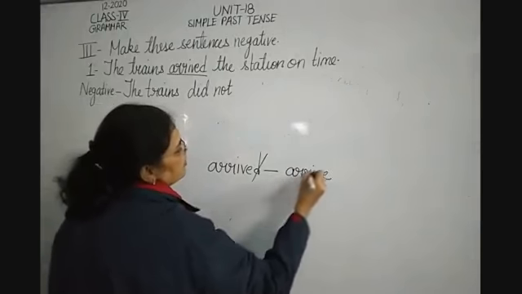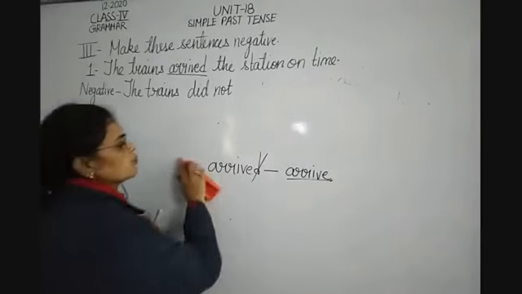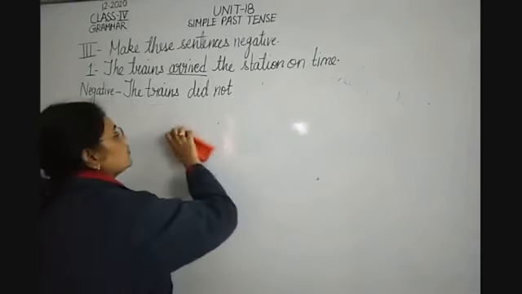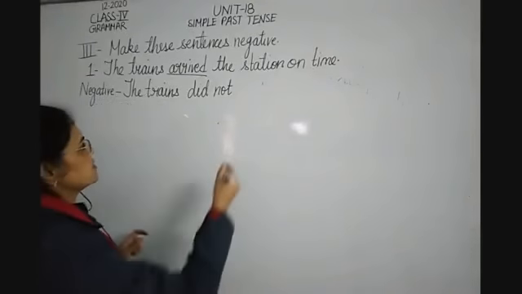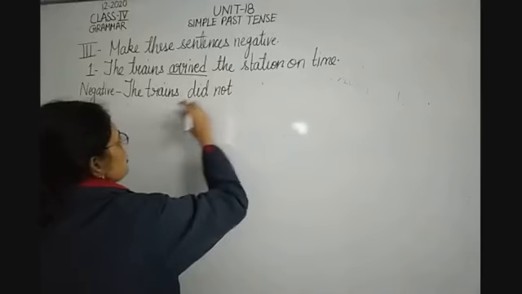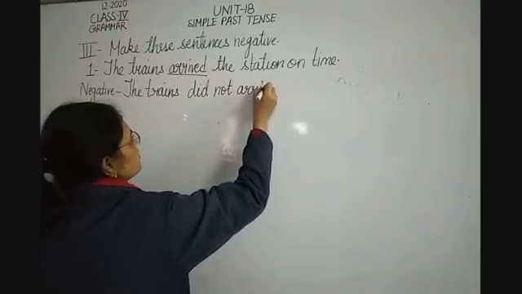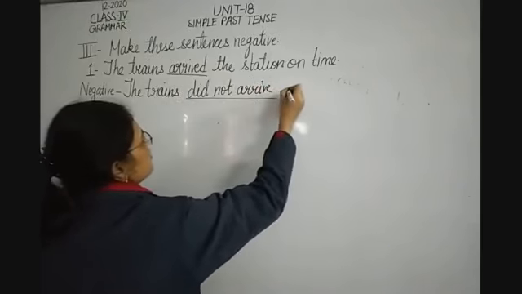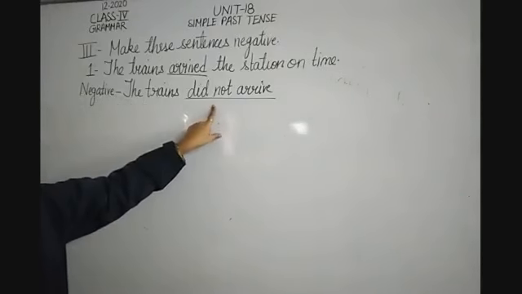Arrive. This is the root form. Fine. सो इसके लिए आपको बेटा रूल्स पता होने चाहिए how to form the past tense. So the trains did not arrive.